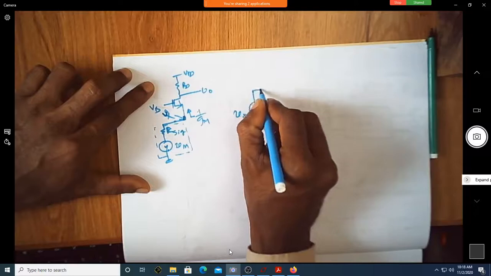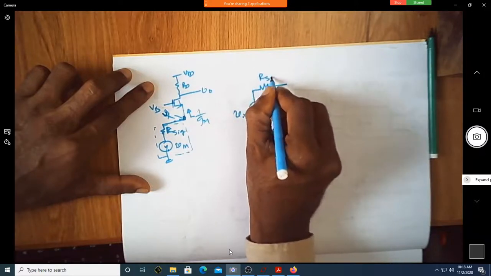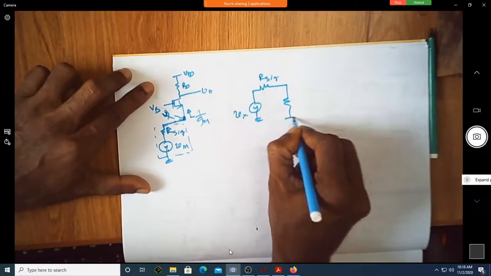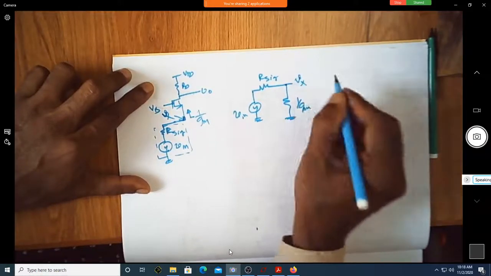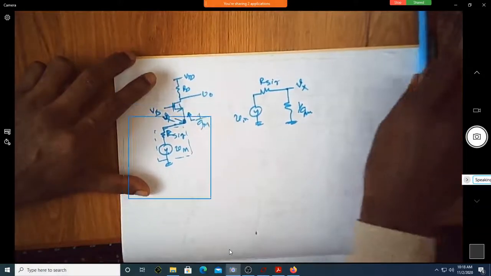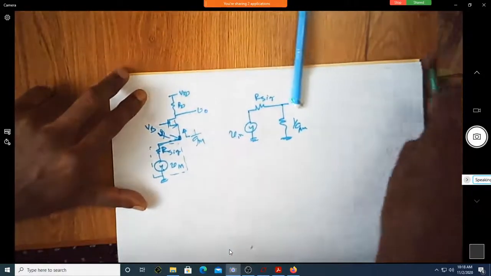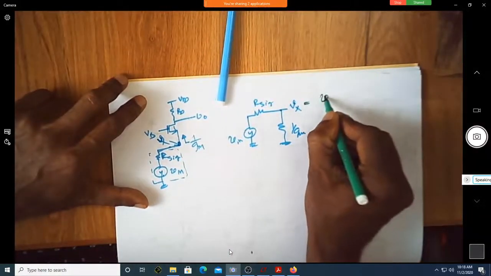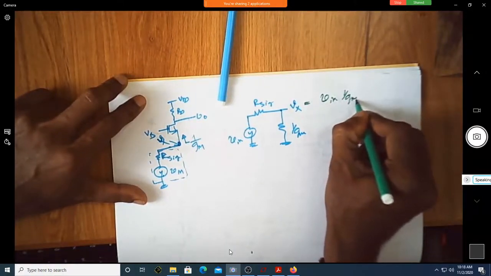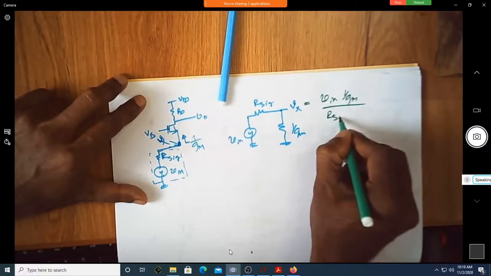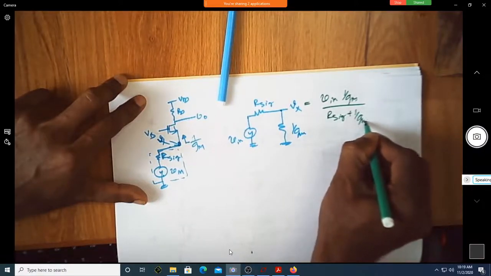V in, R signal and 1 over gm. Shall I write this as Vx? Then can I write Vx as equal to V in times 1 over gm divided by R signal plus 1 over gm, a very simple potential divider?